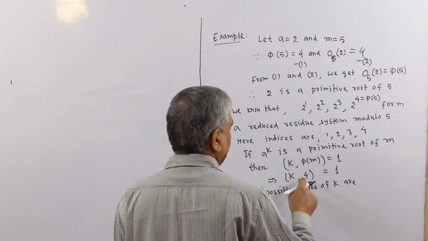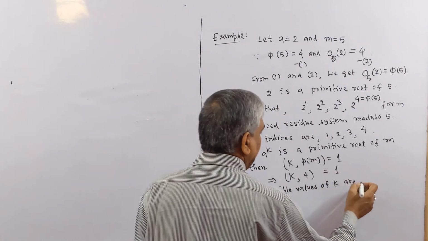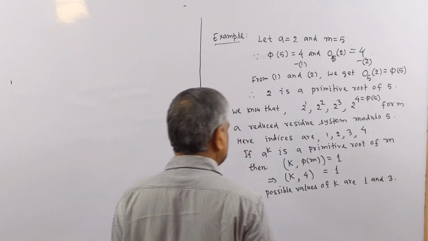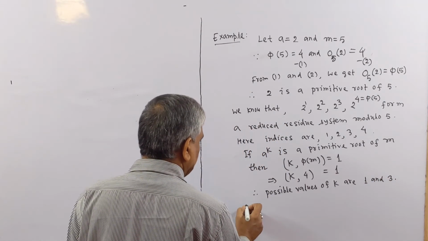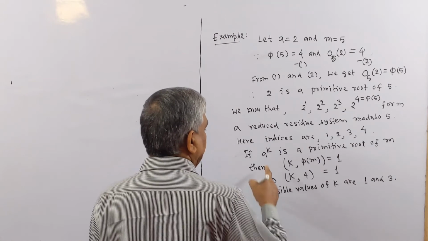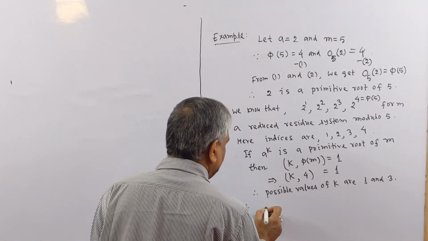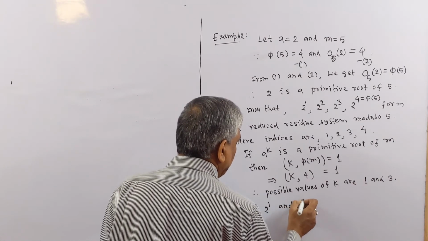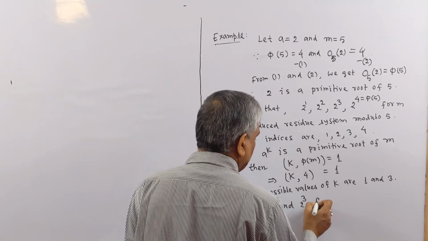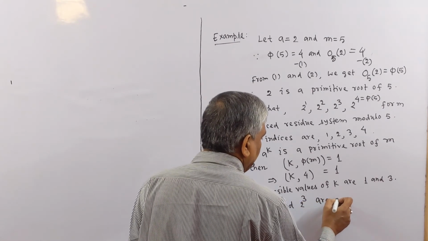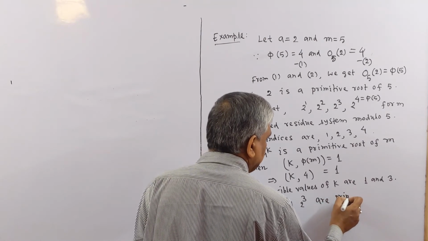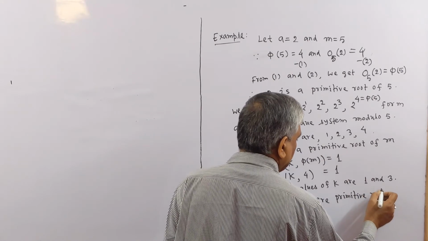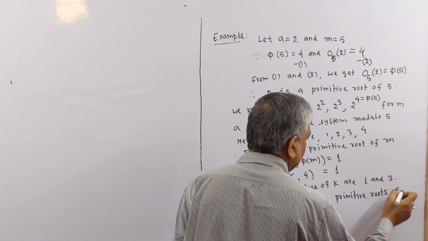Therefore, possible values of k are 1 and 3. Therefore, 2 to the power 1 and 2 to the power 3 are primitive roots of 5.